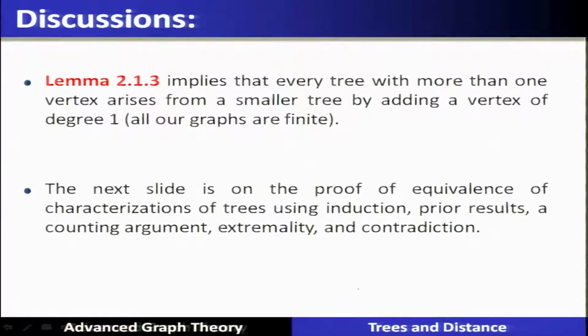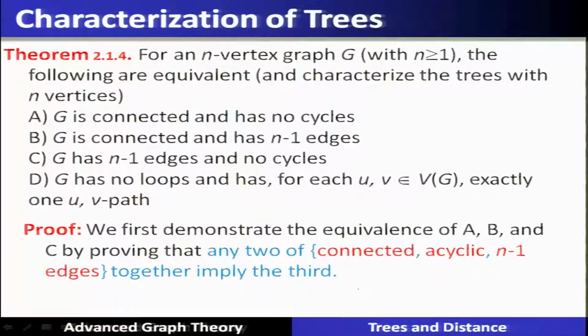All these methods we are going to see when we look at the characterization of trees. There is a theorem which states that for an n vertex graph where n is greater than or equal to 1, the following are equivalent, and they also characterize a tree on n vertices.